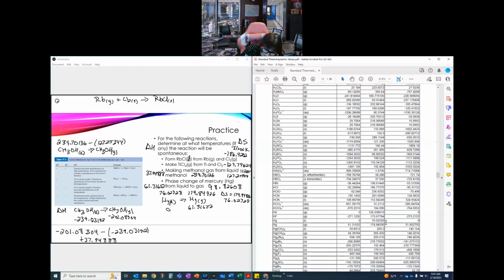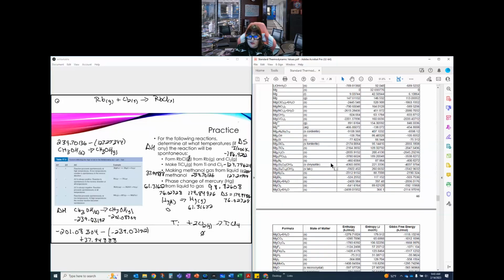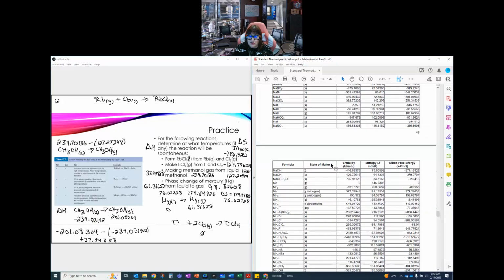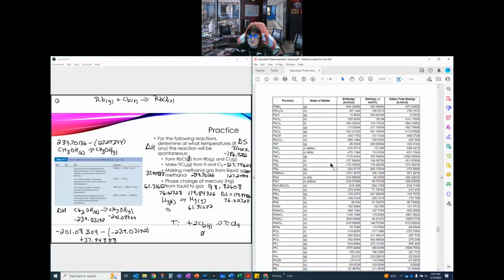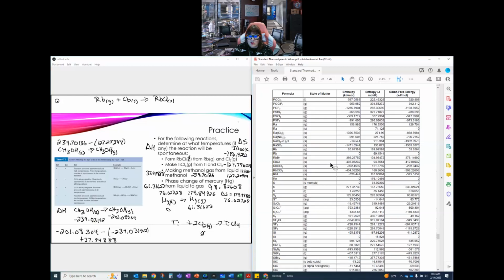And we're going to have our TiCl4 gas. Cl2 is 0. I think that our values for most of these are going to be 0, but let's go look at our Rbs. I really should use a search function so I don't have to do this. But okay, fine.